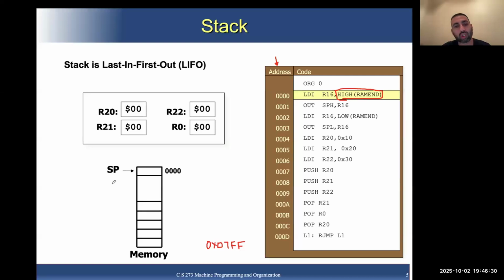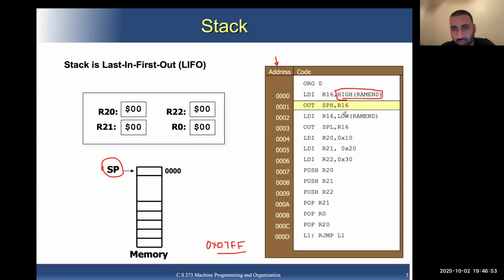Initially, at the start of the world, the stack pointer points to zero, but now you want to modify it so that our stack pointer points to this location. So this is RAM end, right? Here we are saying load the high byte of RAM end in R16, which basically means put 0x07 in R16, right?